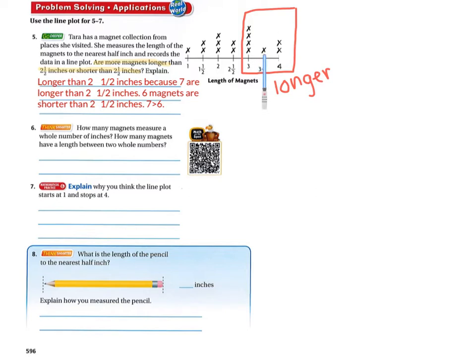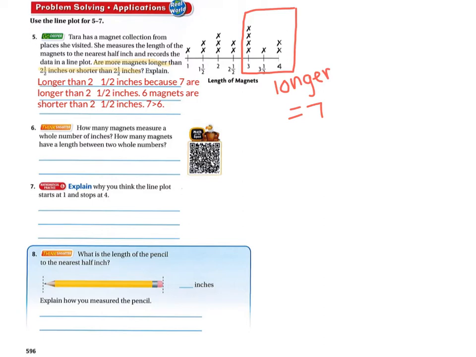There was one that was 3.5 inches, and there were 2 that were 4 inches. So that means all of these together are longer than 2.5. So this is 4 plus 1 plus 2, that is 7. There are 7 magnets that are longer than 2.5.